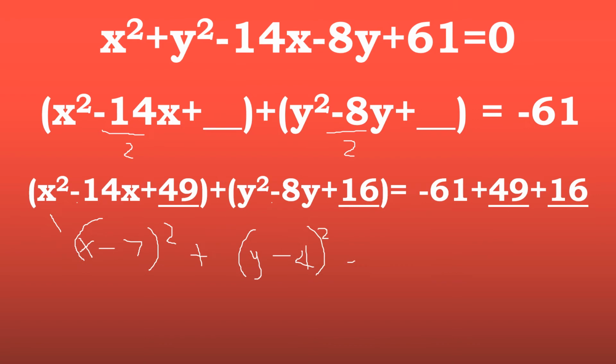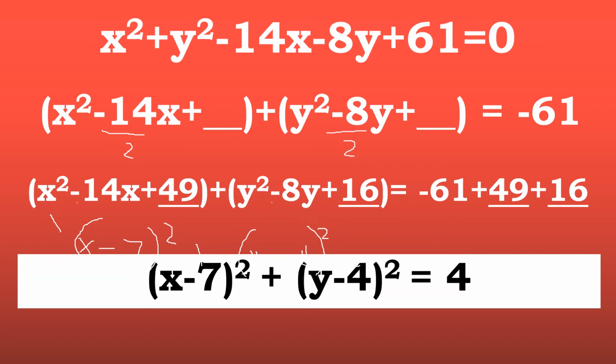Square that. And then, negative 61 plus 49 plus 16 ay i-solve. Okay, that will give us x minus 7 squared plus y minus 4 squared is equal to 4. So, yung nasa taas kanina, itong given natin, that's the general equation. At itong nasa baba naman, that's the standard equation of a circle.